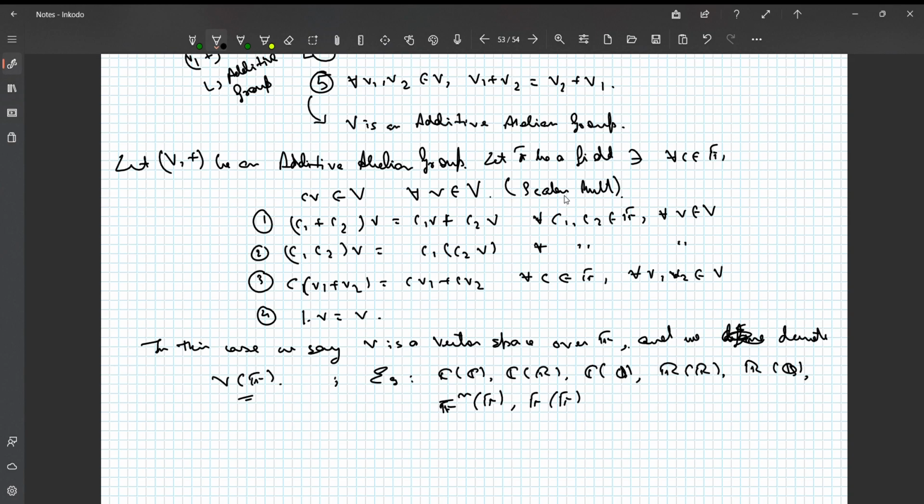So therefore, F over F is already a vector space. So there are many examples of vector spaces. We don't focus much on these examples because that is not the concern of this lecture.